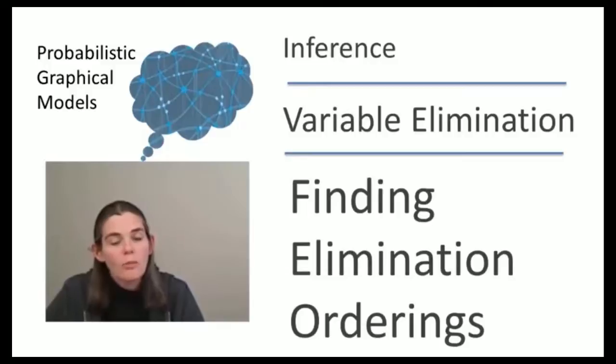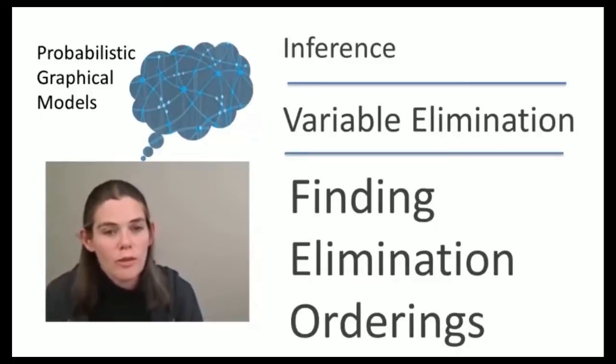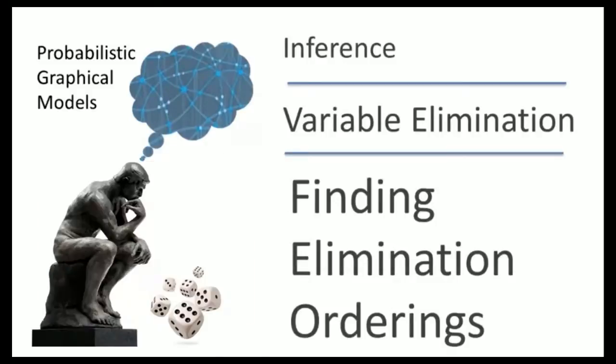Fortunately, the computational analysis based on graphs that we recently did gives us an intuition into how to find good elimination orderings, because it turns out that the notion of an induced graph and the way in which it indicates the complexity of variable elimination can allow us to construct good methods for finding elimination orderings with good computational properties.